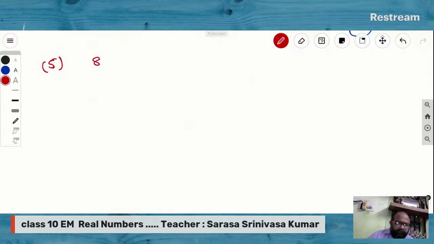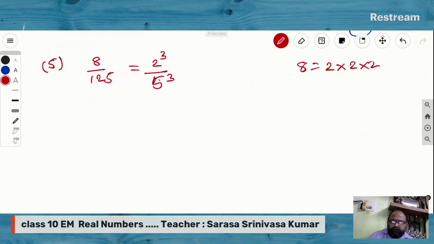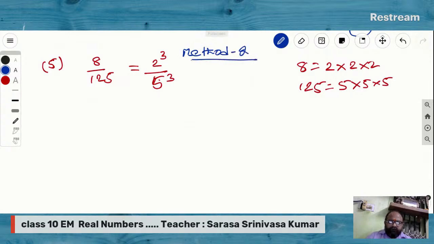Eight by 125. This can be written as 2 cubed by 5 cube. So 8 equal to 2 multiplied by 2 multiplied by 2. 125 equal to 5 multiplied by 5 multiplied by 5. Now we follow method 2, that is without division.